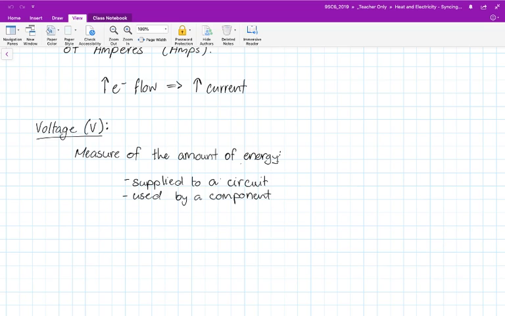That's like if you wanted to measure how much energy got consumed over a resistor.